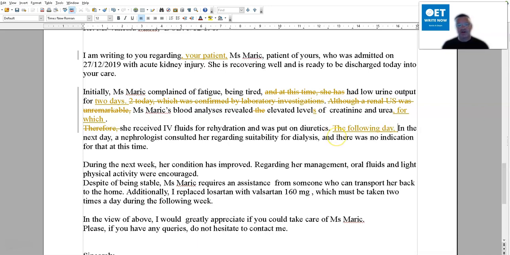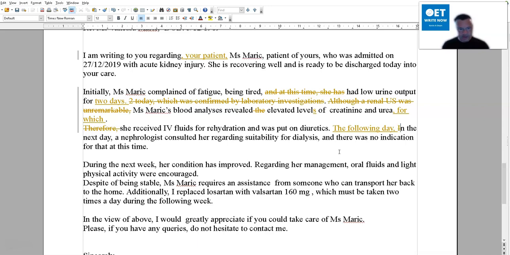A nephrologist consulted her, right? He didn't consult her. When people contact me, they're consulting me, yeah? I'm not consulting them, they're consulting me. In the same way, a nephrologist didn't consult her. She consulted him. She was seen by a nephrologist, yeah?